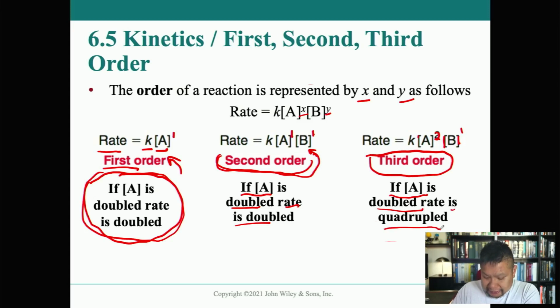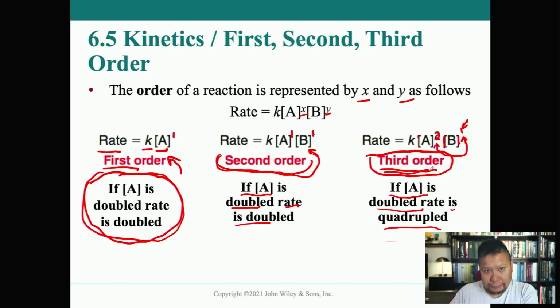But since B only has a 1 there, if B is doubled, then the rate is just doubled. We call this a third order reaction because the addition of those exponents, 2 and 1, makes it a third order reaction. 2 plus 1 equals 3.